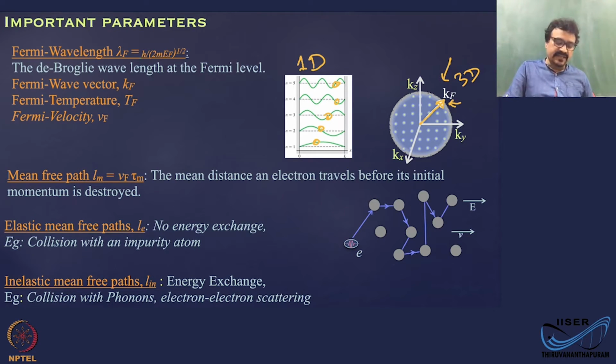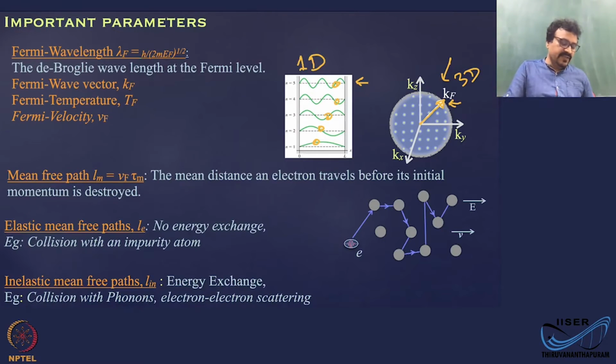Say for example, in this case, it is n equal to 5. The de Broglie wavelength of that particular state, or of an electron belonging to that state, is the Fermi wavelength lambda F, and you can see that the Fermi wavelength will keep on reducing as you increase the number of electrons, or as you increase the filling.